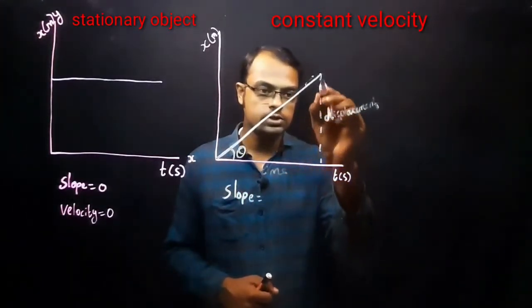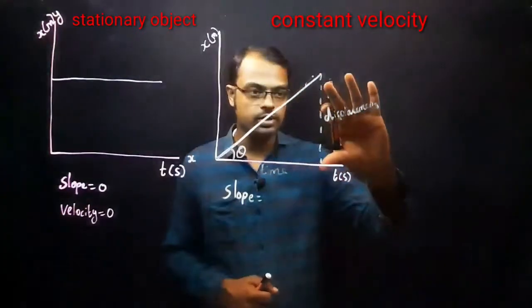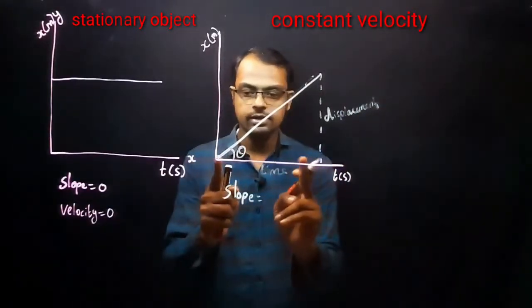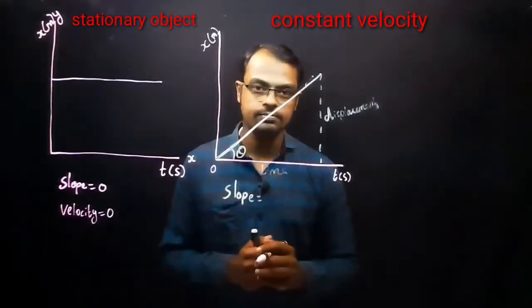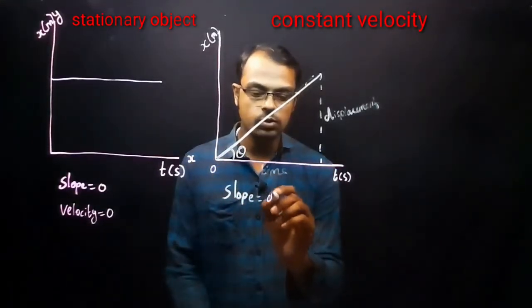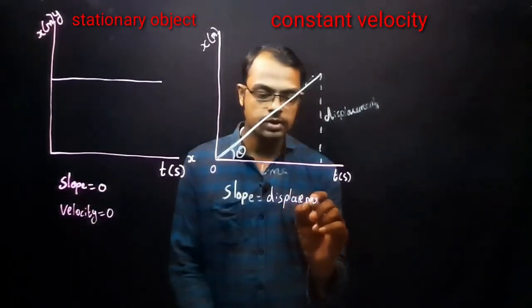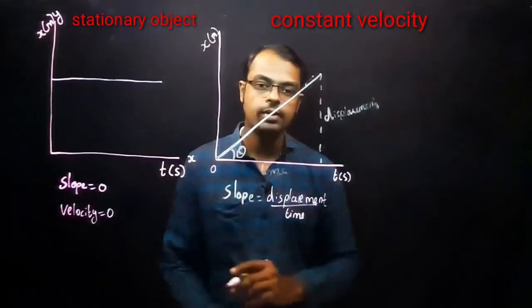The opposite side you get from the y-axis, and that is the displacement. And the adjacent side, from the origin to this point, is the time. So slope is equal to displacement divided by time taken.